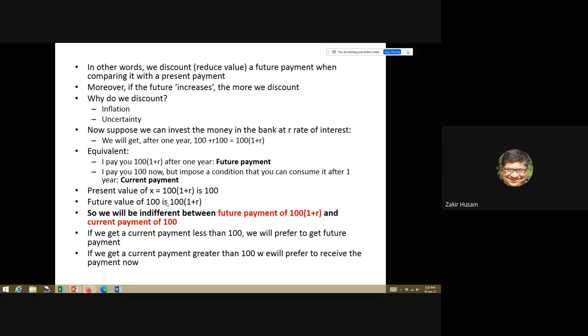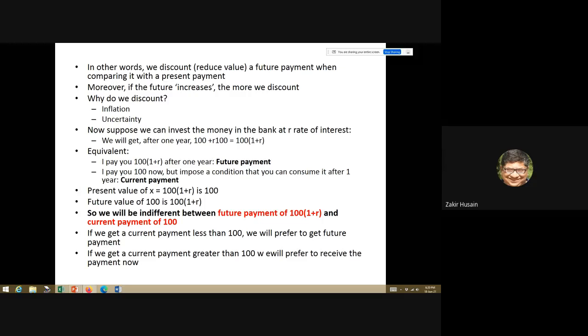So do you understand the difference between the present value and the future value, how we are calculating? Yes, sir. Okay, so that means I'm getting 100 now. If you want to pay me an equivalent value in the future, the present value of that amount should also be 100.